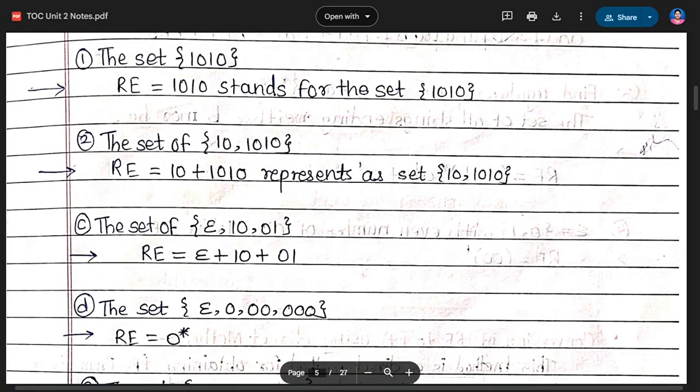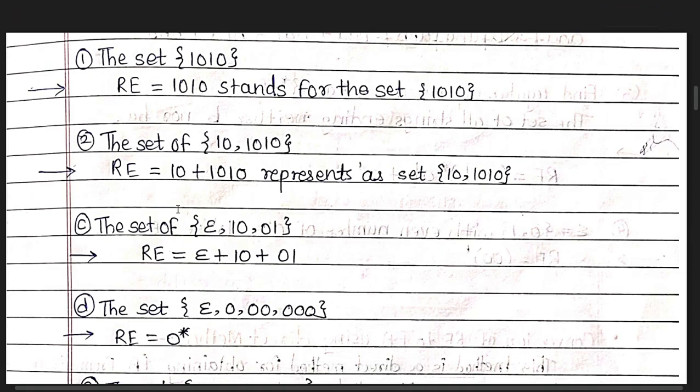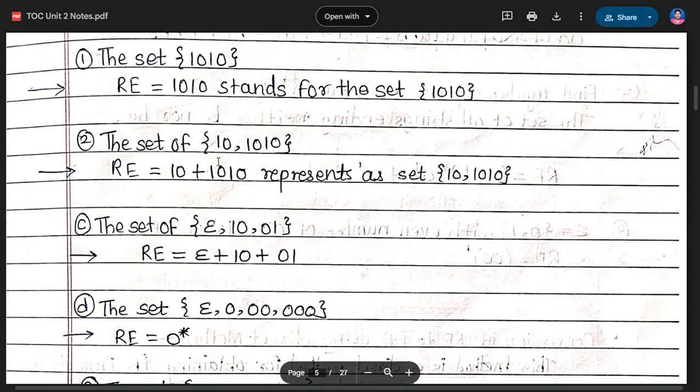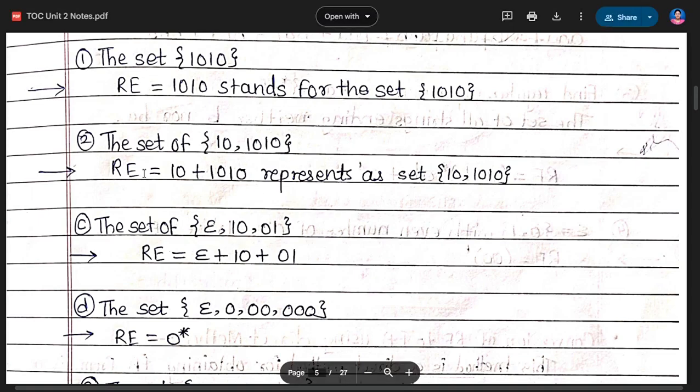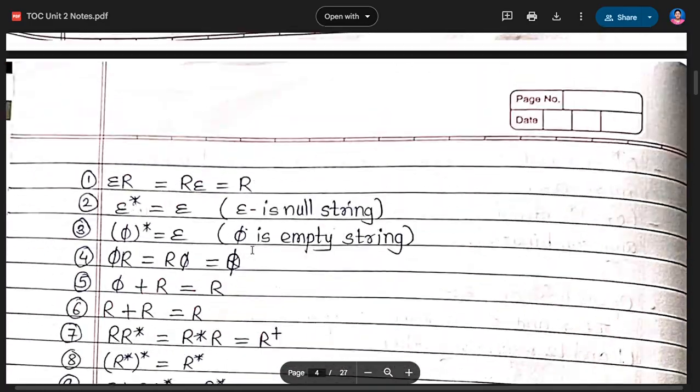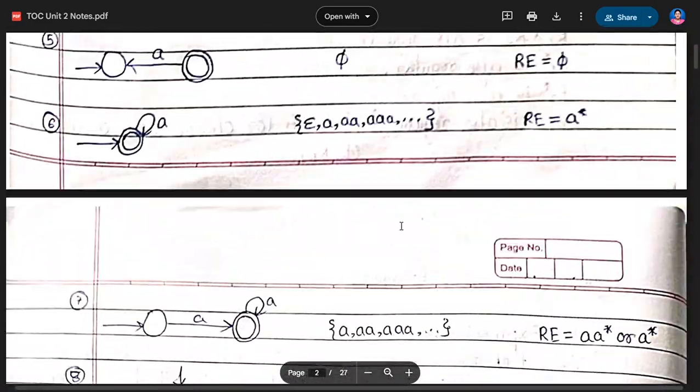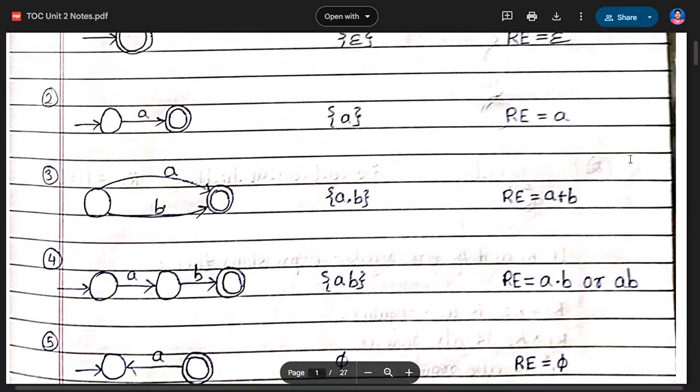How will we write this? Plus means union. It's a union of a comma b.